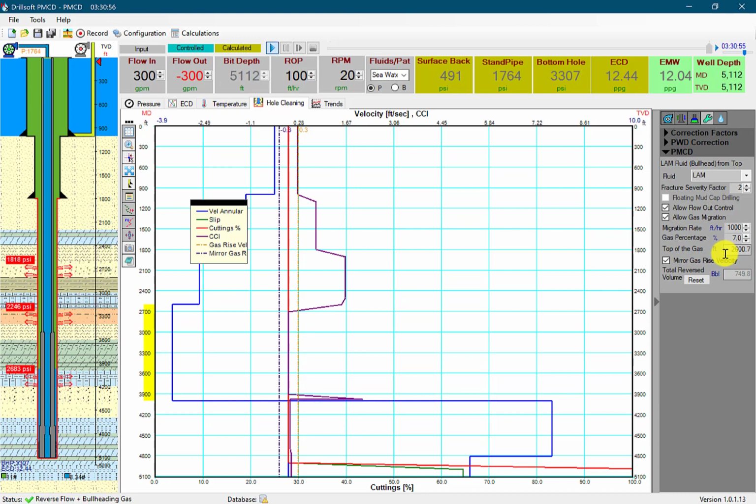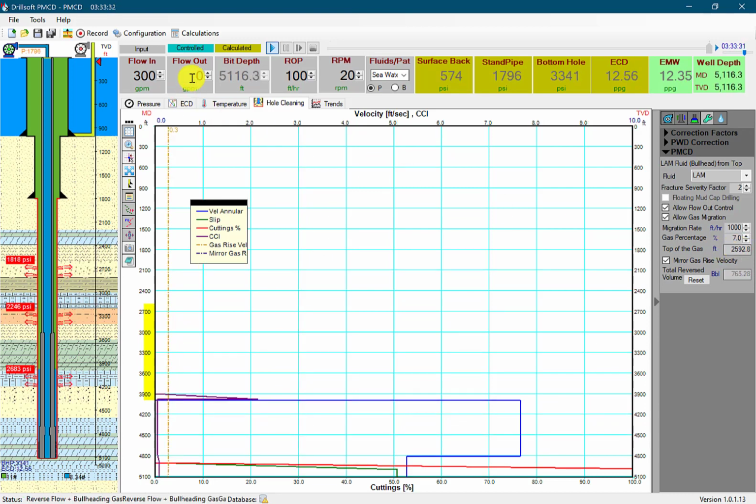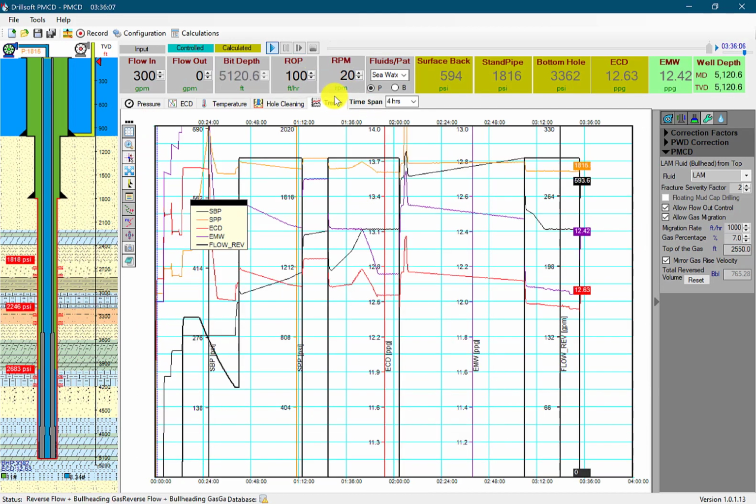Since the gas reached 2,600 feet, let's stop bullheading. Let's start drilling again. As soon as this reaches 630 psi, we can stop drilling again and begin bullheading.